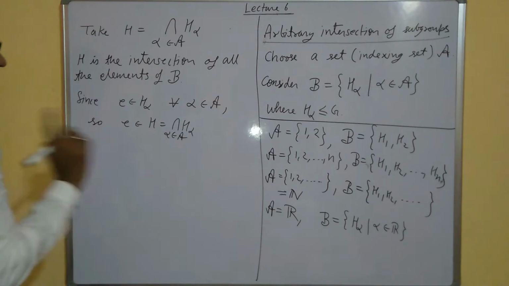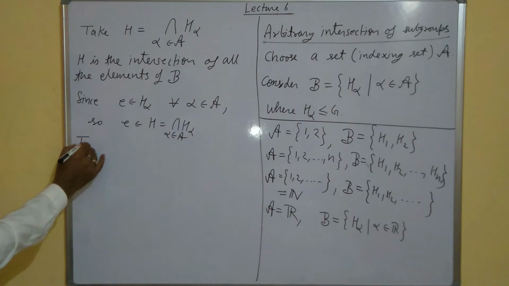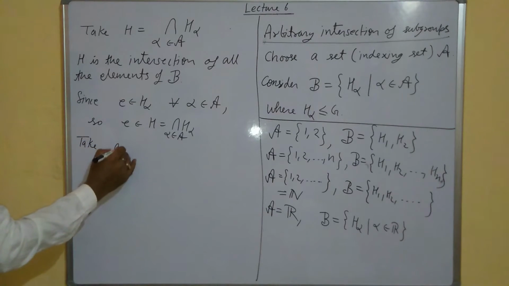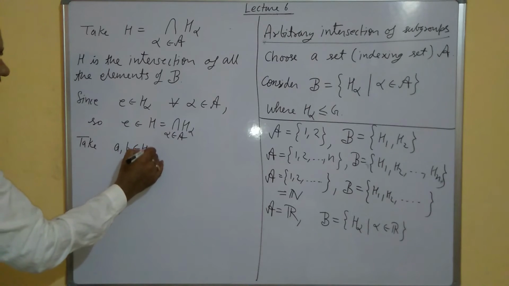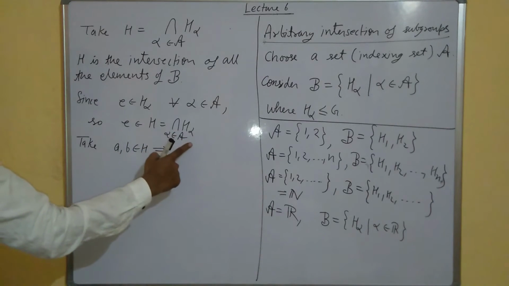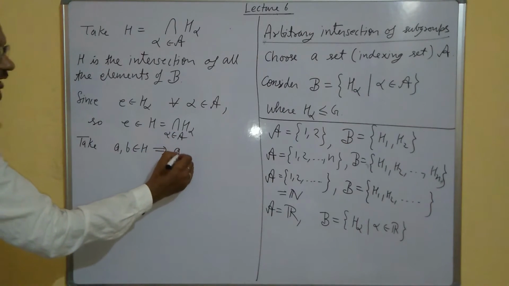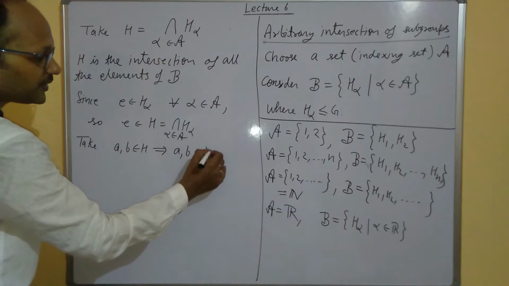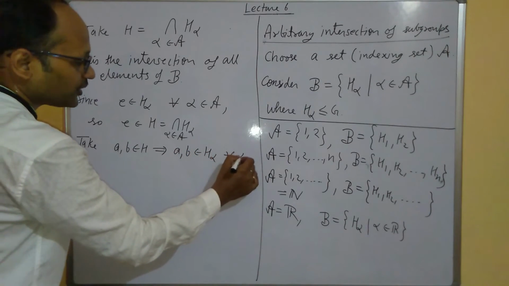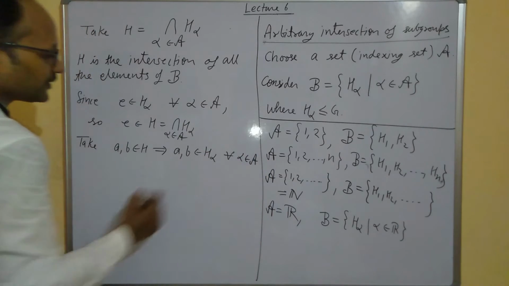So this H is non-empty. Now take 2 elements a, b in H. This implies a, b are in the intersection, so a, b will be in H alpha for all alpha in A.